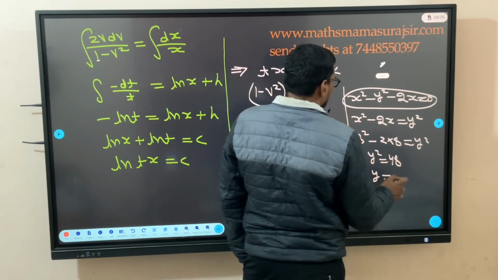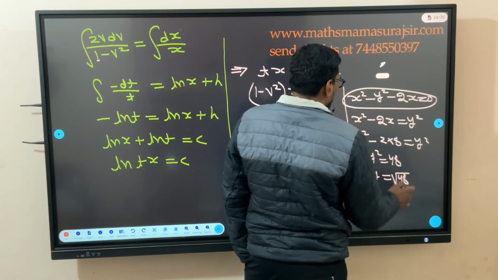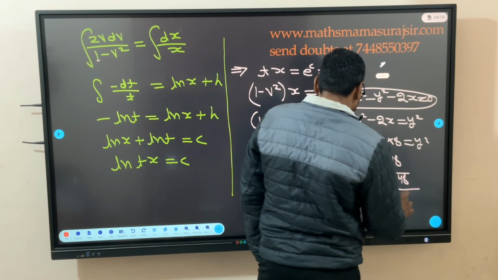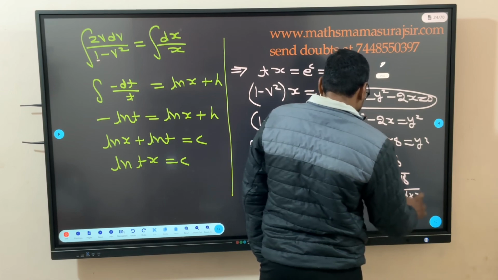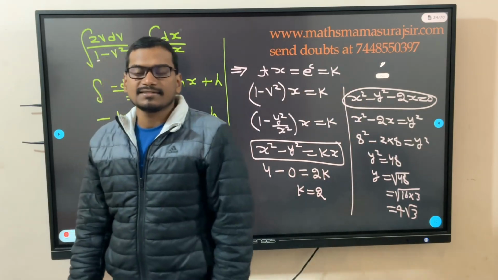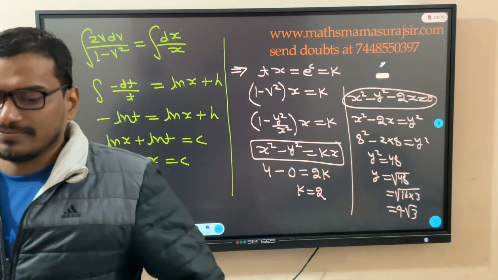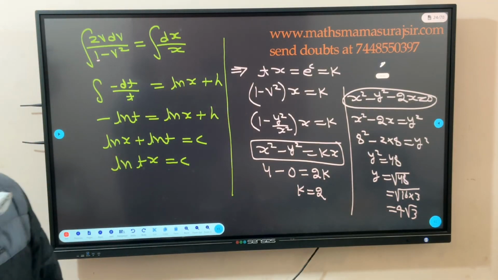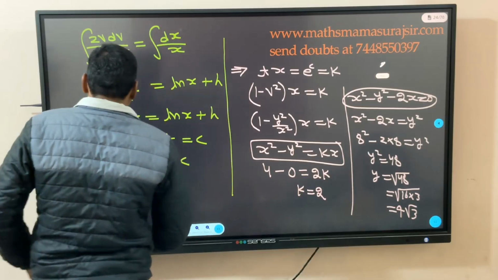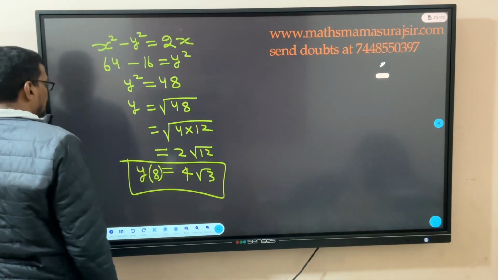Y is root over 48, that is root over 16 into 3. Answer is 4 root 3, guys. What is the answer? 4 root 3. Interesting question. So 4 root 3 is the answer in this case. Let's go next.